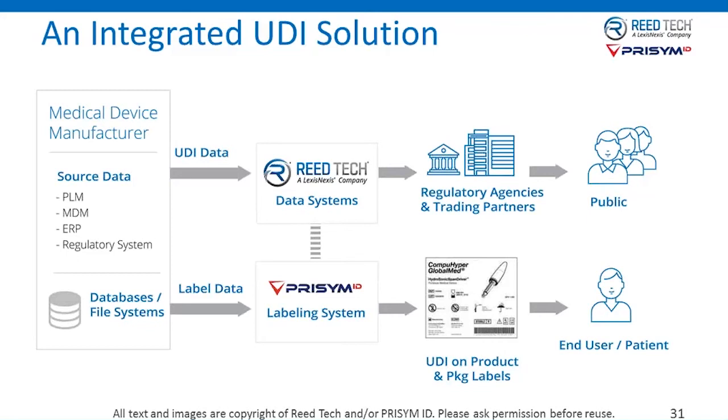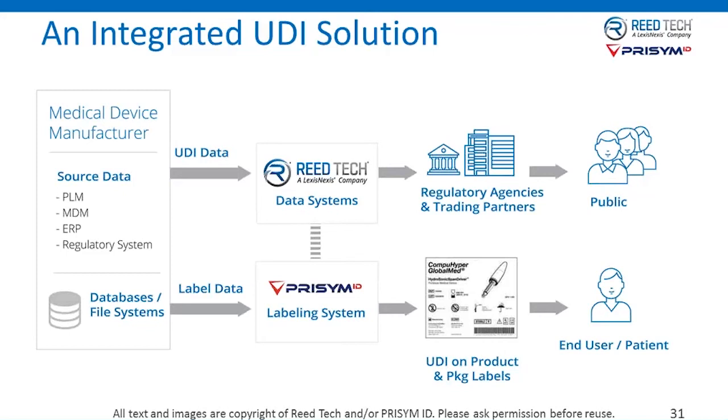So the left-hand side clearly is very similar for the data that we're using for labeling. Some of the data itself may be different. There will be commonality of data, but we're focused really on our piece about the information that's going to be on the labels or the data associated with labels.